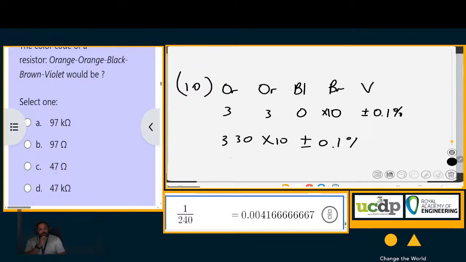So that is 3,300 plus minus 0.1% tolerance. And that is basically just 3.3 kilo ohm.